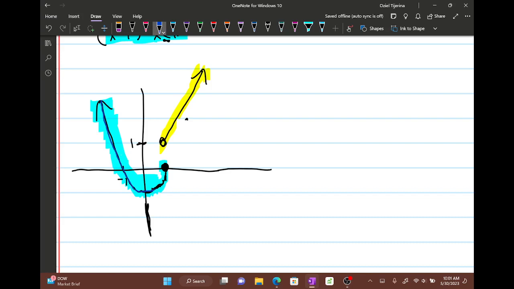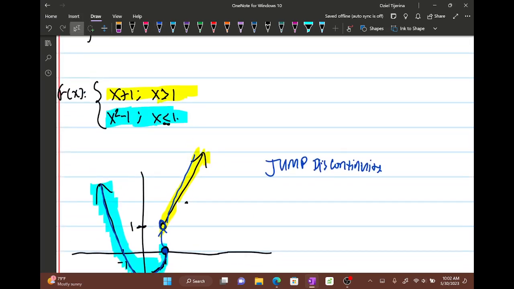I'm going to see what happens as I get closer and closer to this. I'm going to jump over here and keep going. So this is considered a jump discontinuity, right, guys? Because it really jumps. So we sometimes have to see graphically how it looks in order to see whether it is a jump discontinuity or a removable discontinuity.